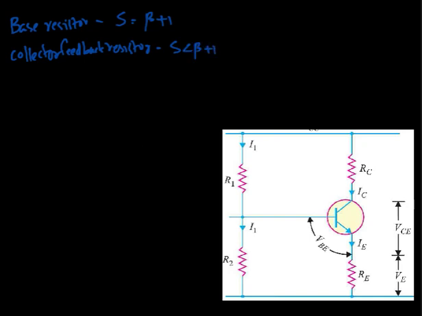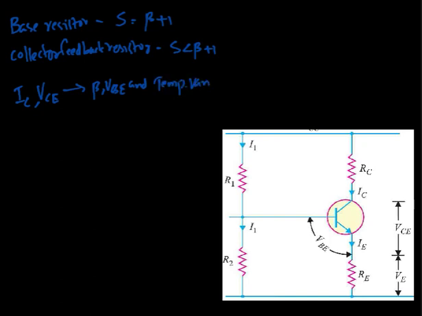So we have to design a transistor biasing circuit which provides better stability. Stability means that the operating point, that is the values of the zero signal collector current and the collector emitter voltage, should be independent of the transistor parameter variations, that is beta and VBE, and temperature variations.